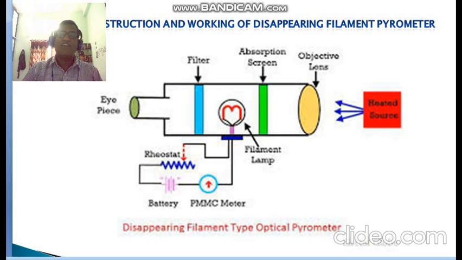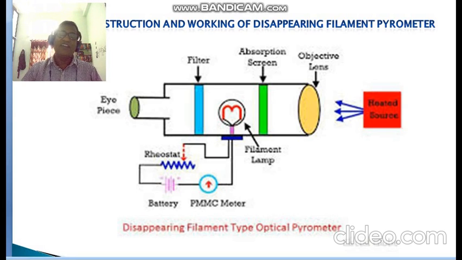With the help of diaphragms arranged inside the tube, the total thermal radiation coming from the source is incident on the surface of the absorption screen. The radiation passes through the tube and is focused exactly on the filament through the diaphragms.